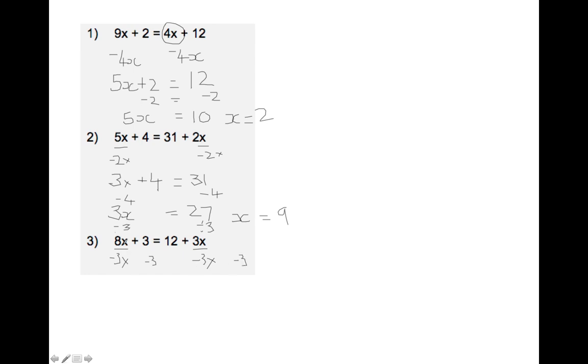So on this side, I have 8x take away 3x, which is 5x. 3 take away 3 is nothing. I'm left with just 5x. And then on the other side, I've got 3x take away 3x, which is nothing, and 12 take away 3, which is 9.